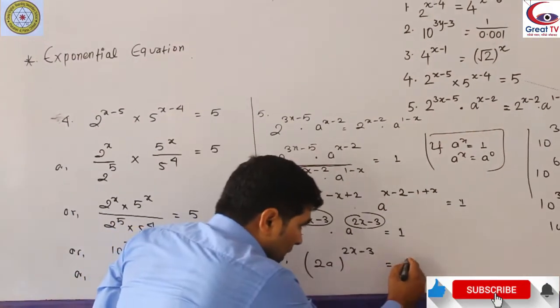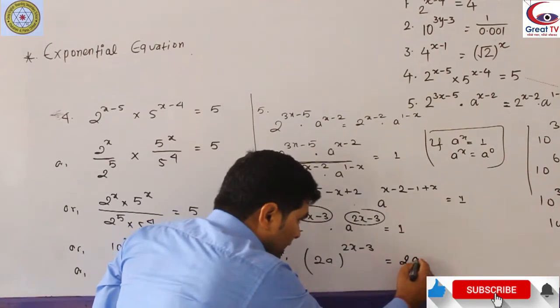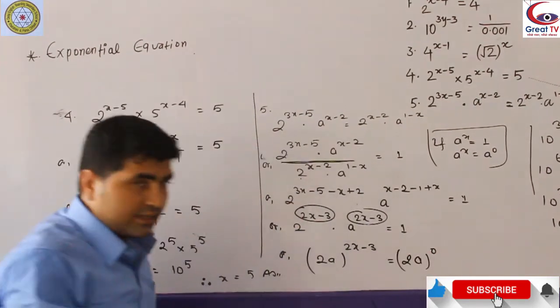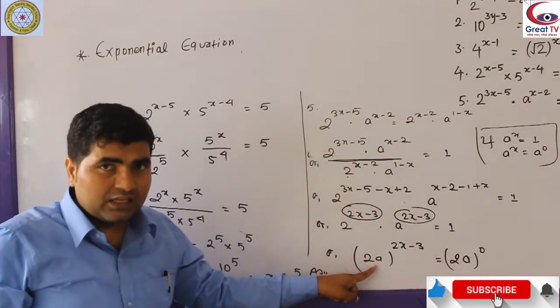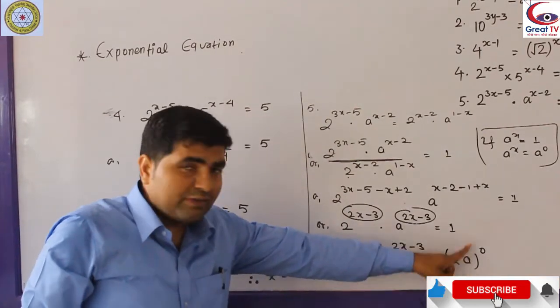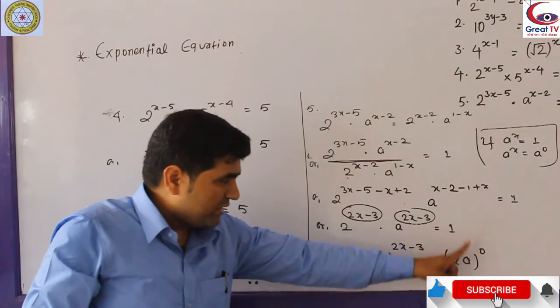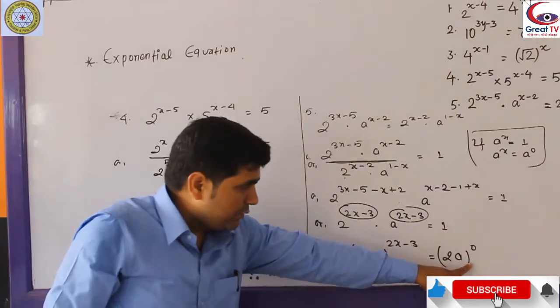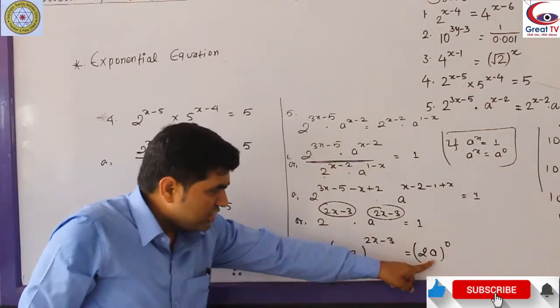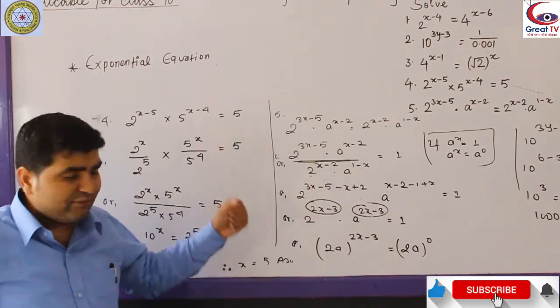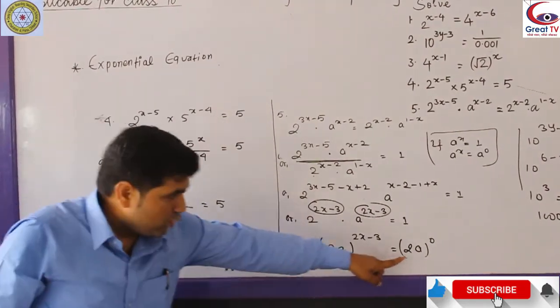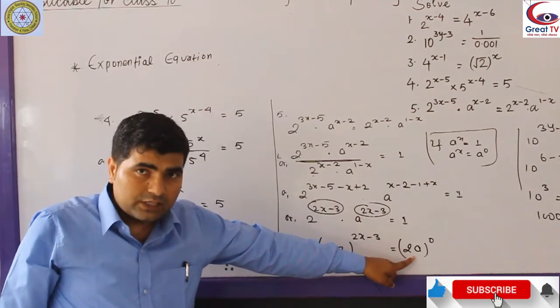Here we can write (2a) whole power 0, because the base of the left hand side is 2a. When we put the value 1, any base we can put, but that power should be 0. Why do we put 2a^0 and not 3a^0? Because the base of the left hand side is 2a, so we put 2a whole power 0.